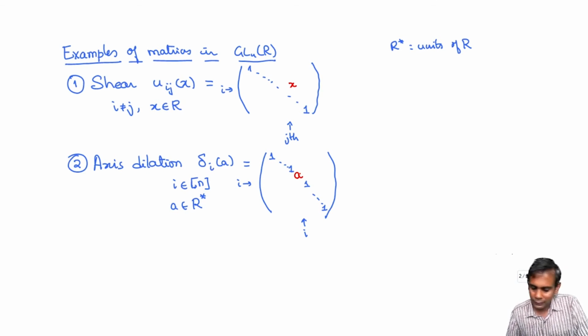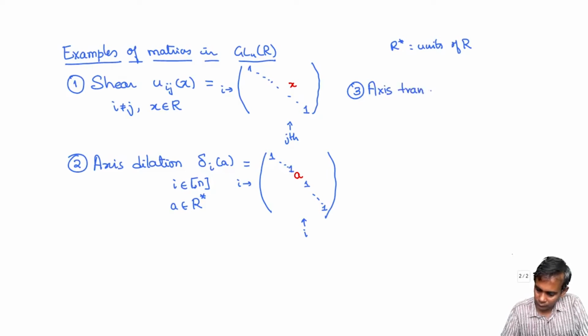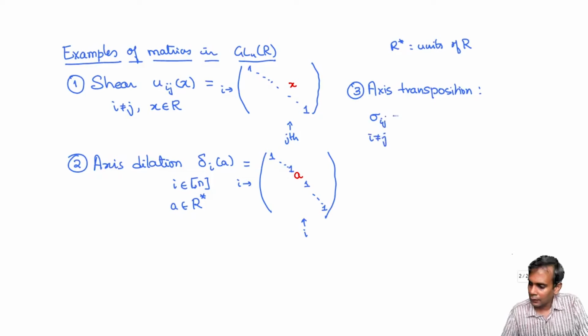And the third element, which is kind of my favorite, is called the axis transposition. It is sigma_ij, i is not equal to j, and it is basically the identity matrix, except that two diagonal entries, two rows and two columns are disturbed.